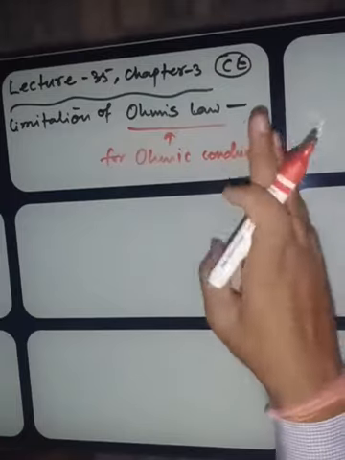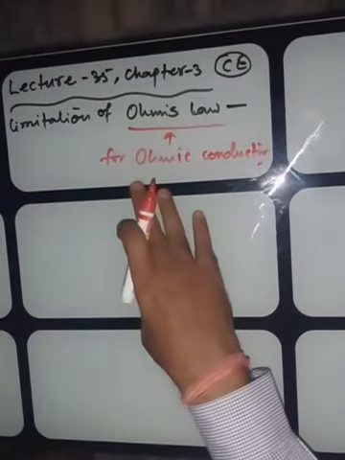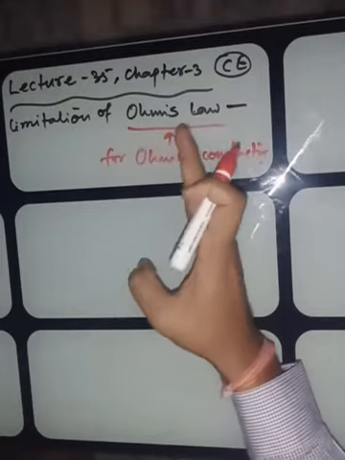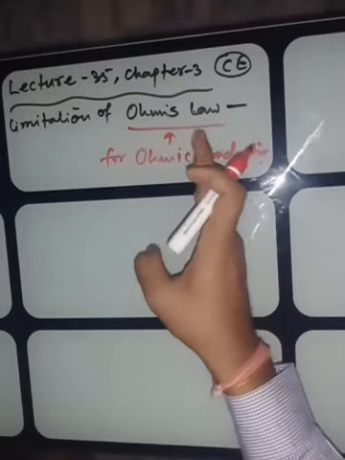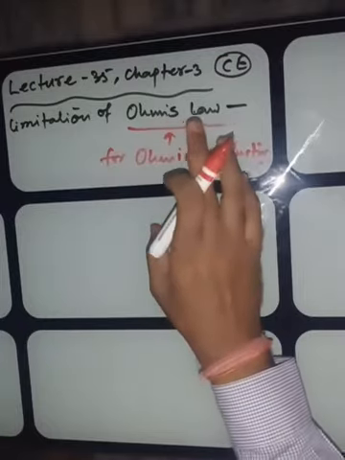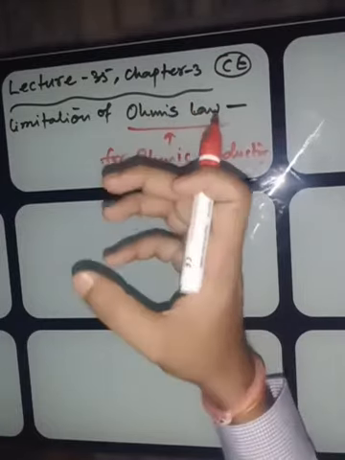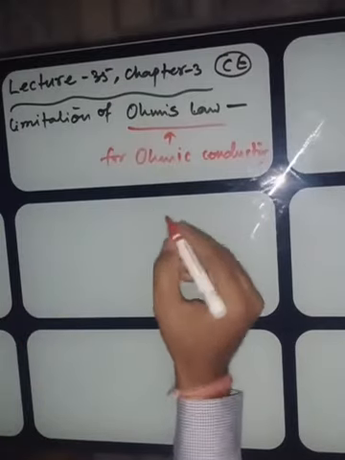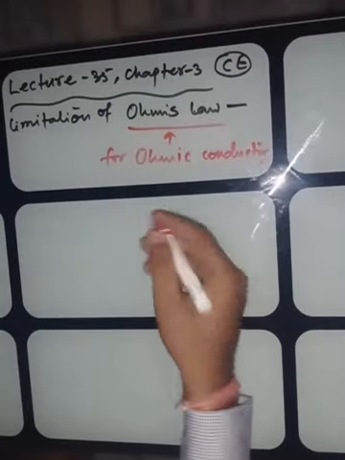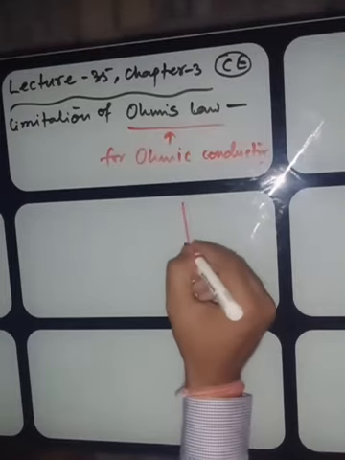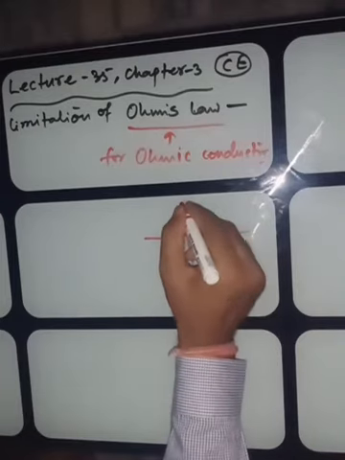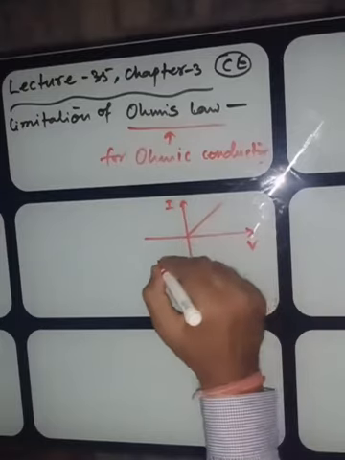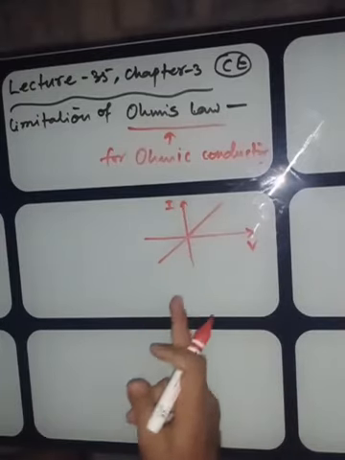Remember students, if it is not passing through the origin, it is not that it is not obeying Ohm's law, but it might not have the perfect characteristics of an ohmic conductor. So the ohmic conductor shows a graph like this one, current versus voltage.